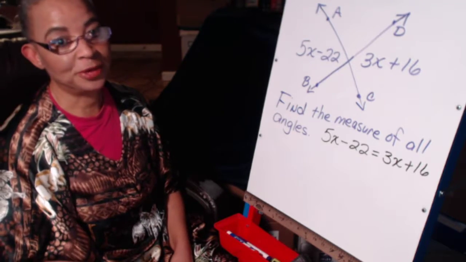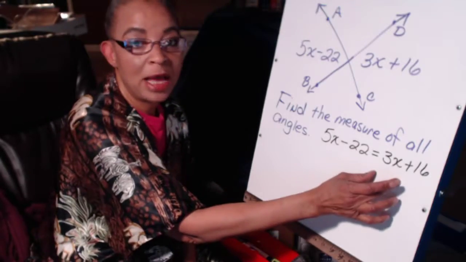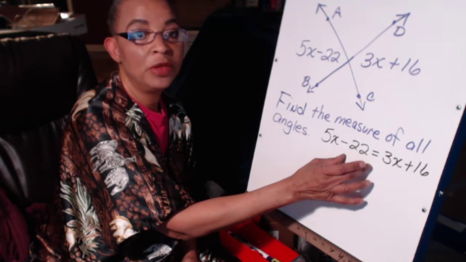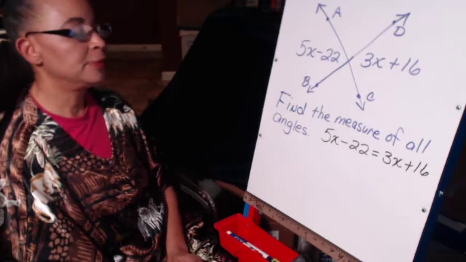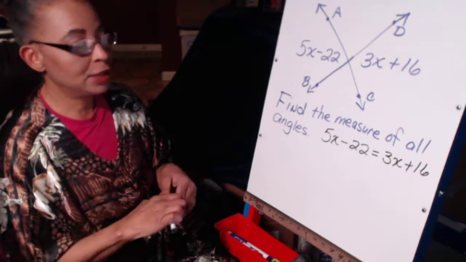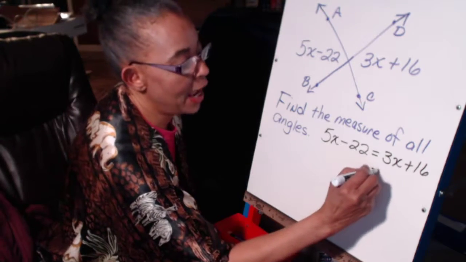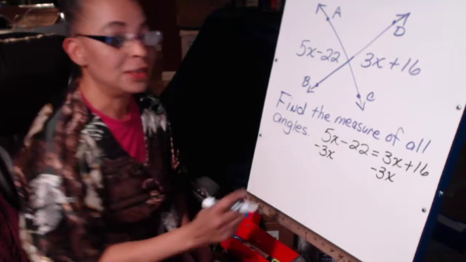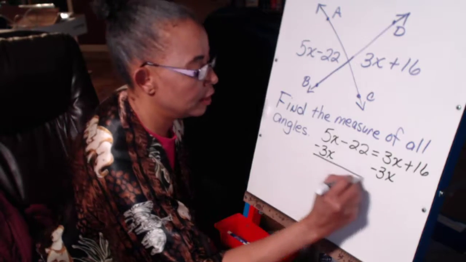Here's the algebra. What we want to do is get everything with our x on one side of the equal sign and all the numbers without the x on the other side. So I'm going to use the addition and subtraction property of equality, which says I can subtract 3x. If I subtract it from one side, I must also subtract it from the other side.